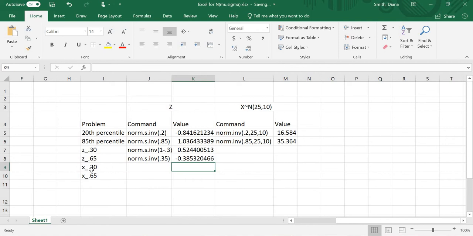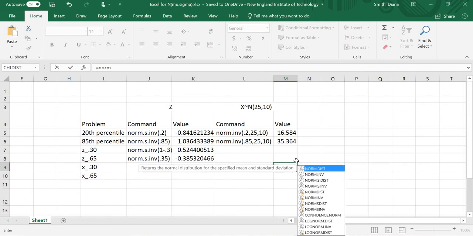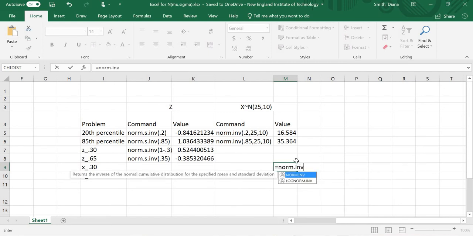If I want the x sub 0.3, I'm going to go over here to my x column. And I will do equals norm.inverse. And I want the probability, which again is 1 minus 0.3. And then my mean and my standard deviation.